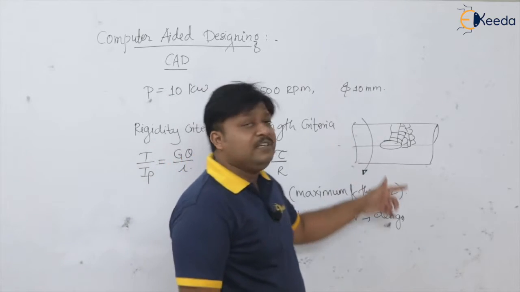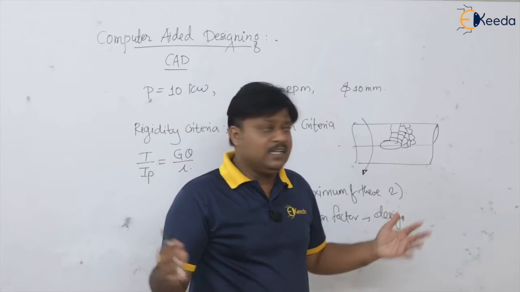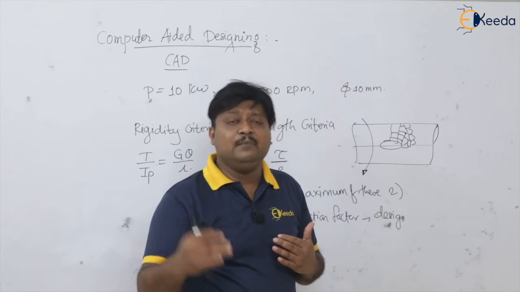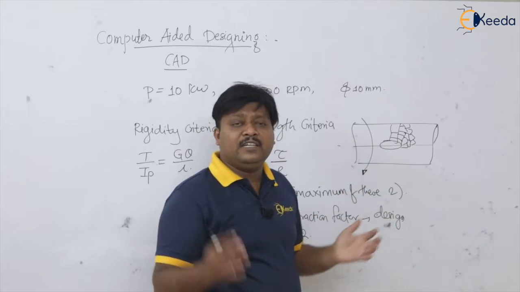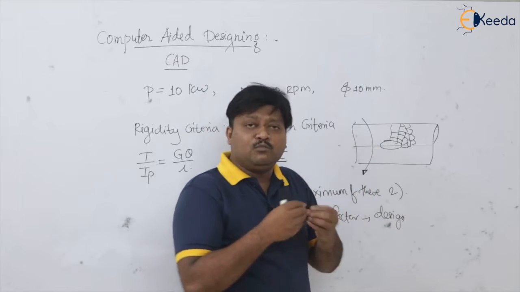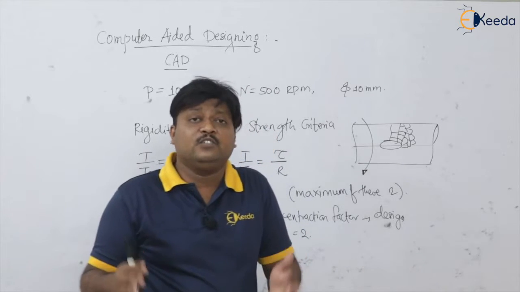But when I am dividing this body into a number of finite elements and doing the analysis of a single element, isn't it? Definitely the results are going to be more accurate, and because of the small cross section, the stress concentration factor is going to reduce.